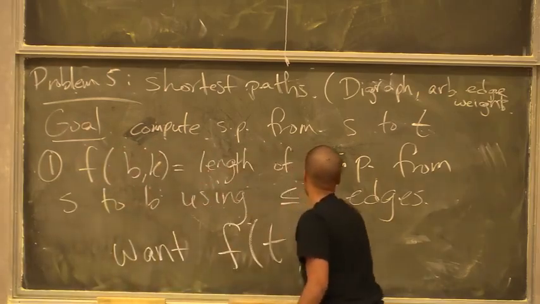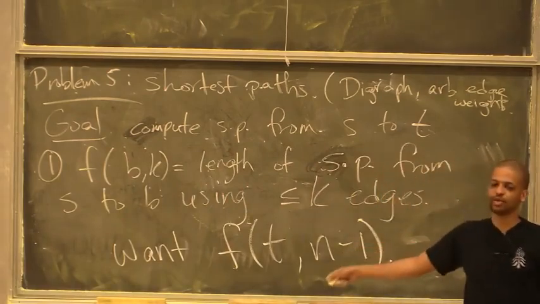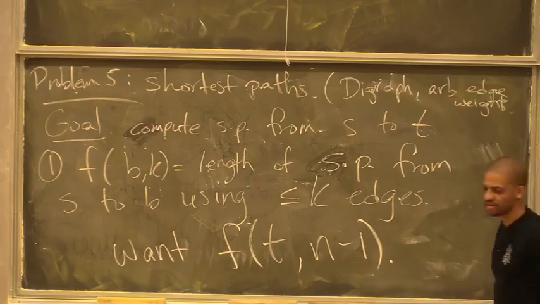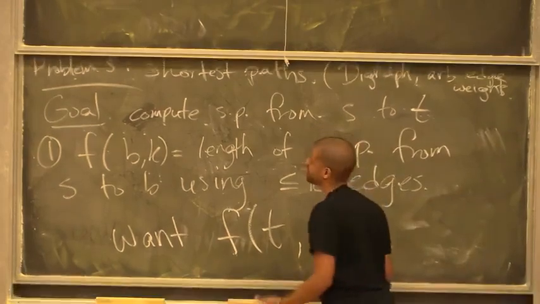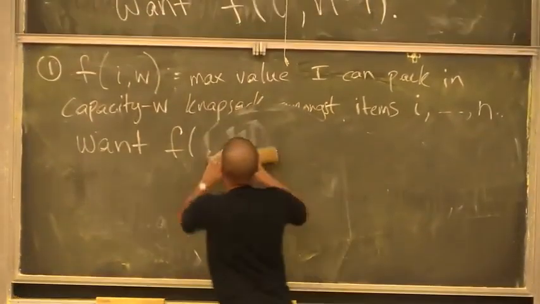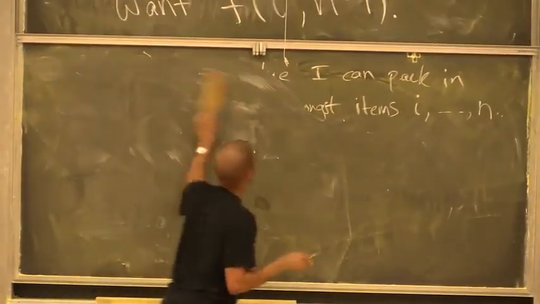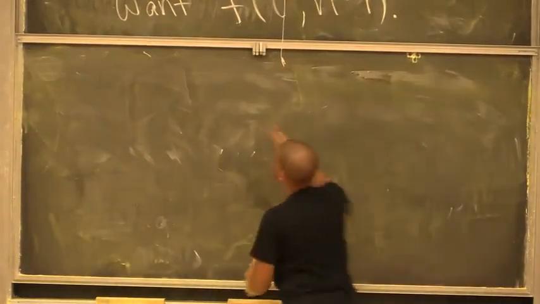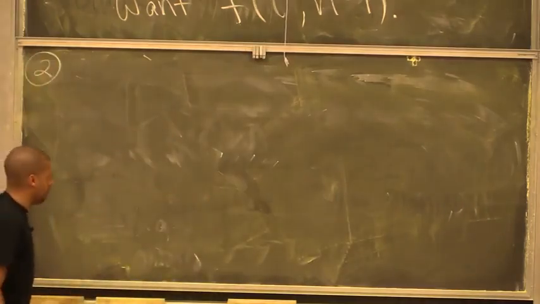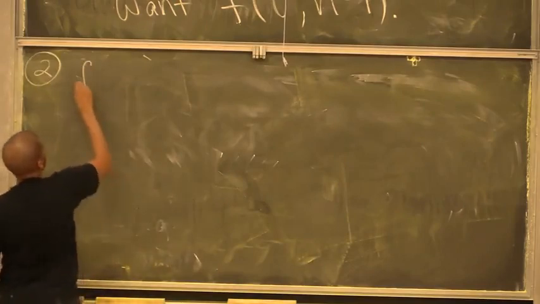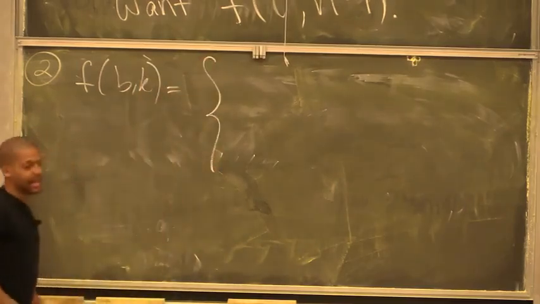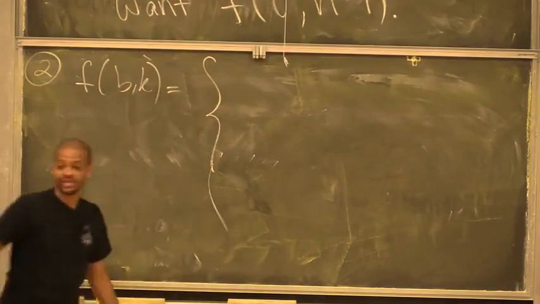So what I want is f of t, n minus 1. This is the length of the shortest path that uses at most n minus 1 edges. Not exactly n minus 1 edges, because the shortest path might use fewer edges than that. And I can write down a recursion. The base case is that k is equal to 0.